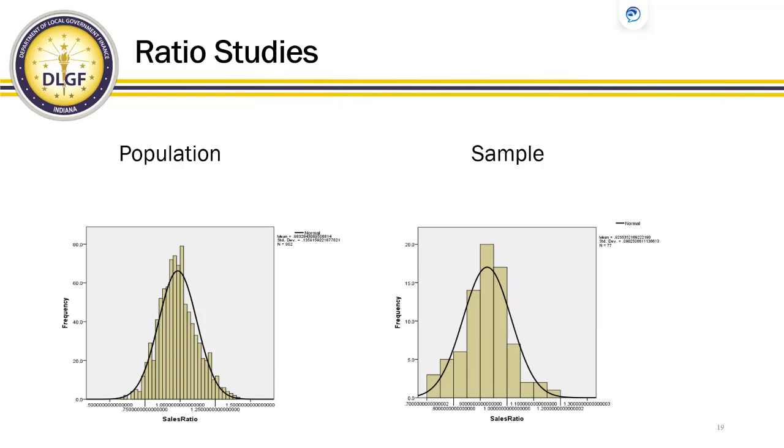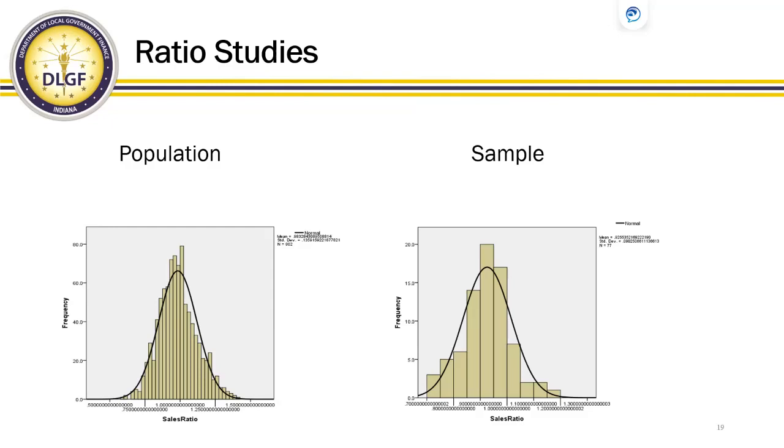On the left here, we have a whole population of 902 properties. And on the right, we have the visual representation of just a sample of 77 of those properties. Looking left to right on each of these graphs, we can see that the peaks are both just under 1. It's okay that they're a little different in terms of how far away from 1 they are, but they're roughly in the same spot, which is good. That's what we're looking for. They both relatively have the same shape.